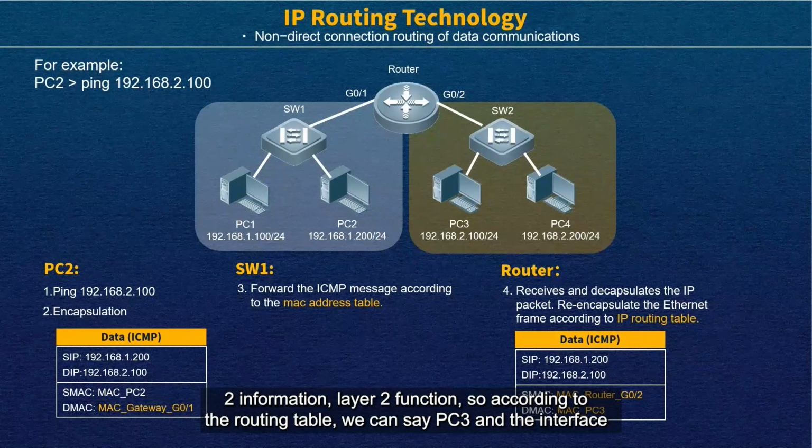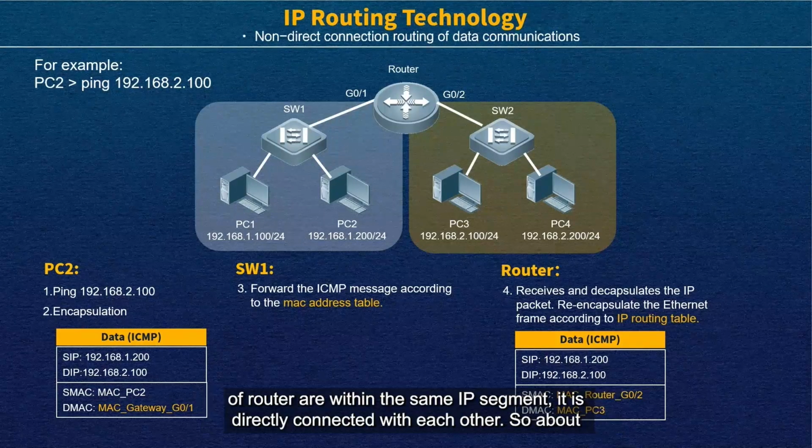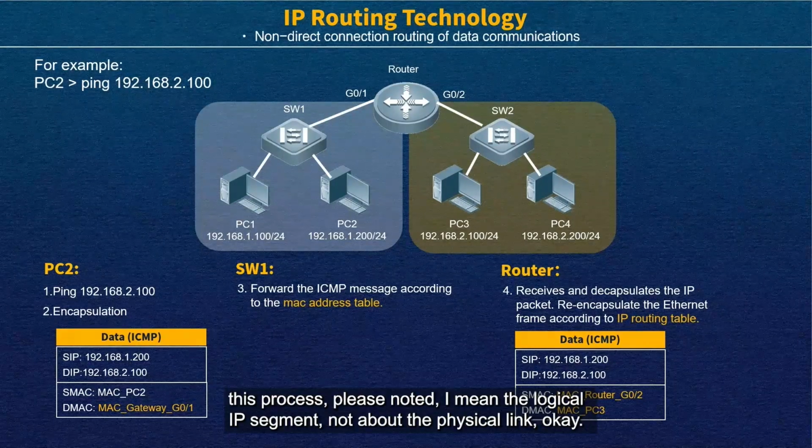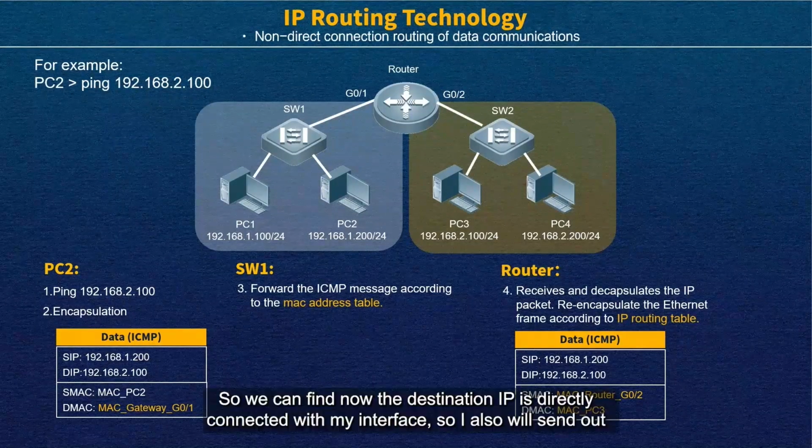So according to the routing table, PC3 and the router interface within the same IP segment are directly connected with each other. Please know this process. I mean the logical IP segment, not the physical link. Okay? So now we can find the destination IP is directly connected with my interface.